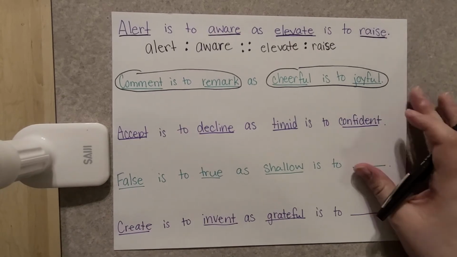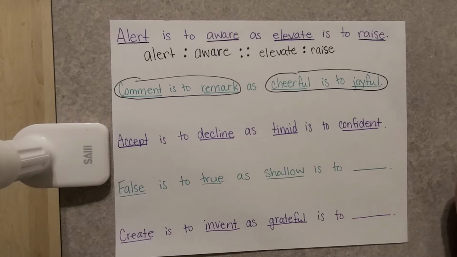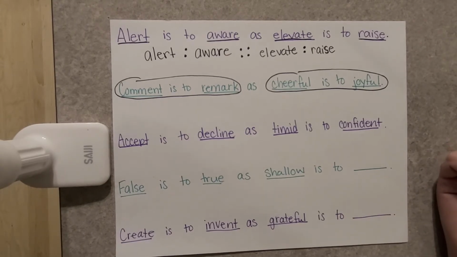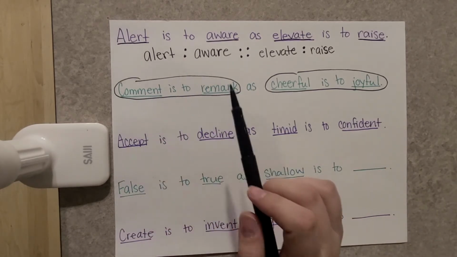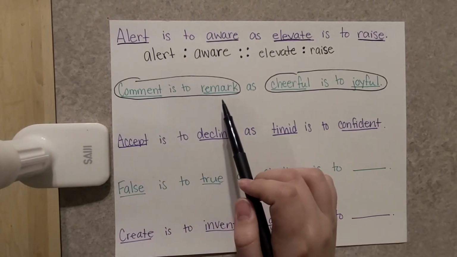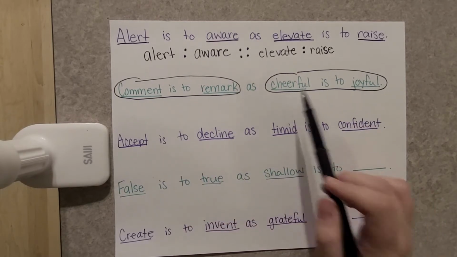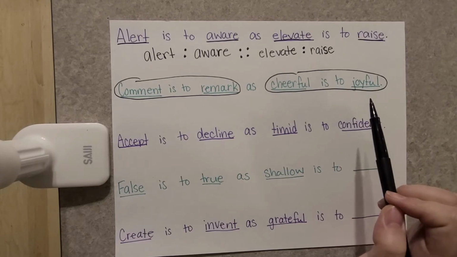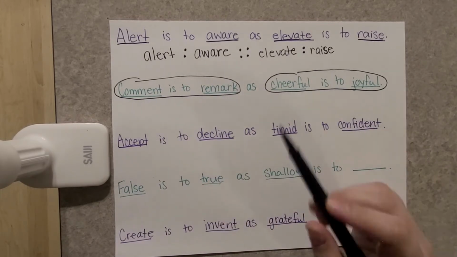If they are related in the same way, we can consider this an analogy. I am noticing that comment and remark are synonyms, as are cheerful and joyful. So we could consider this an analogy because both pairs are synonyms.